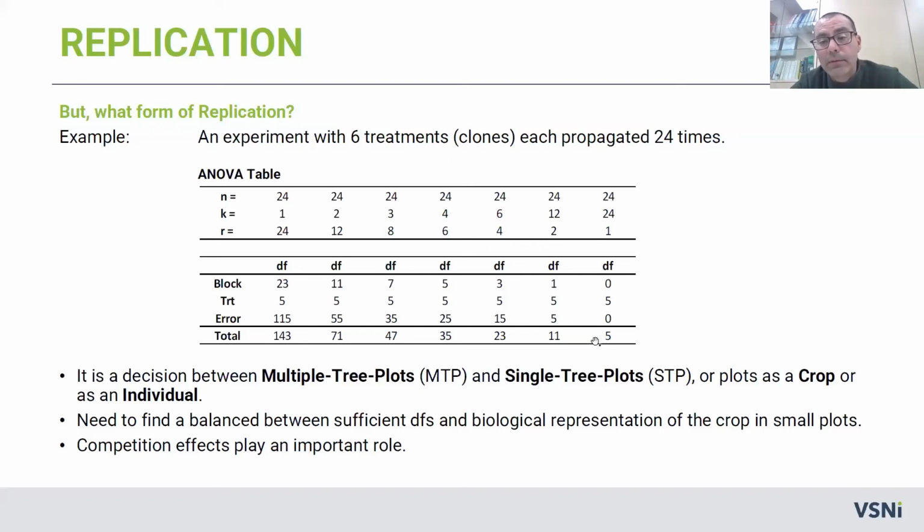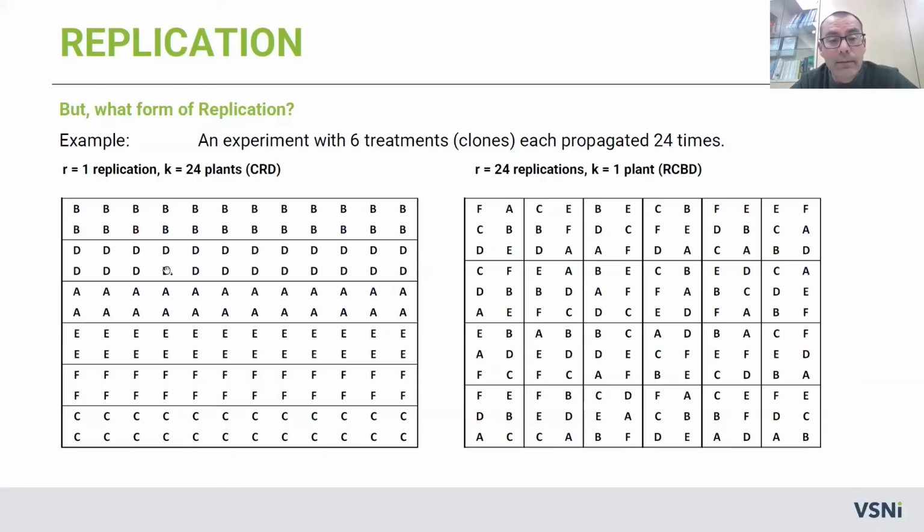And obviously when you have 24, it's no degrees of freedom, so you can't do anything in your analysis. So one thing is which one is the perfect choice of this. And then again, this is to optimize something in your experiment. You need to decide how relevant the competition is in your experiment, but also you need to decide if there is more variability within or between the different treatments.